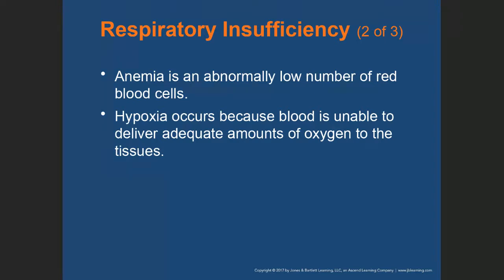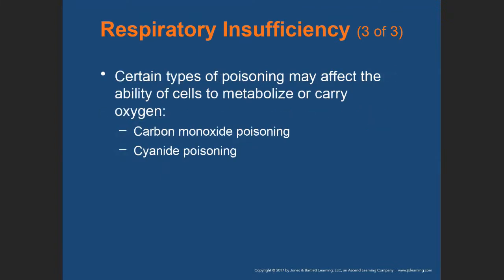Anemia is an abnormally low number of red blood cells. Hypoxia occurs because blood is unable to deliver adequate amounts of oxygen to the tissues. Certain types of poisoning may affect the ability of cells to metabolize or carry oxygen.